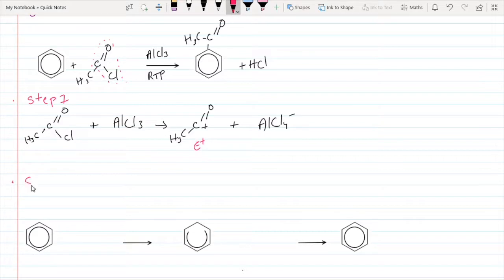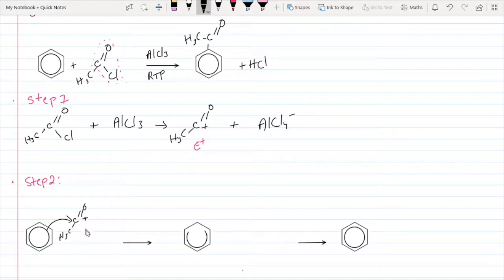So our step 2 is the substitution reaction. Now over here we'll take our electrophile, which is the C double bond O, CH3, and our delocalized ring, which represents 6 electrons, will donate a pair of electrons to our electrophile.